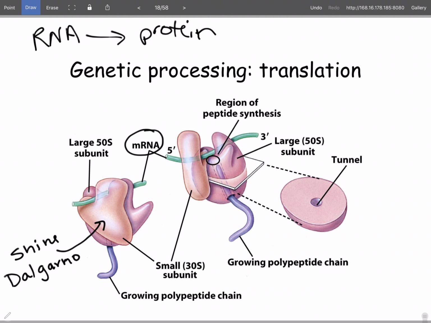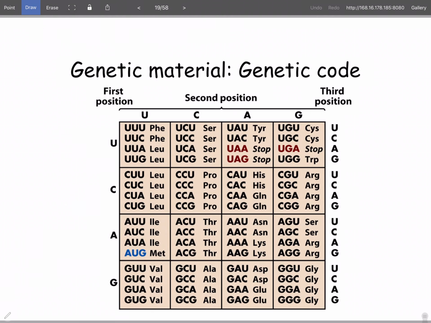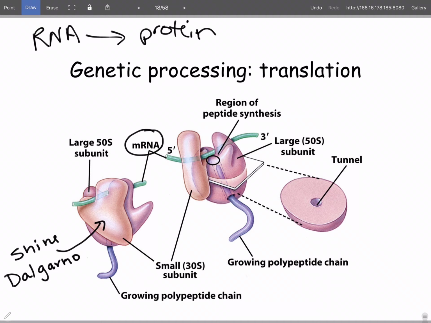It's a specific codon, all right, which is a 3-nucleotide sequence, and it encodes for methionine. So if you guys see here, remember, AUG, right? So it slides down until it gets to the methionine.